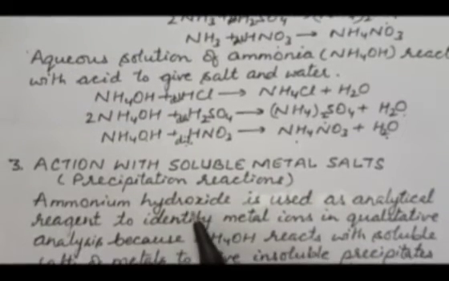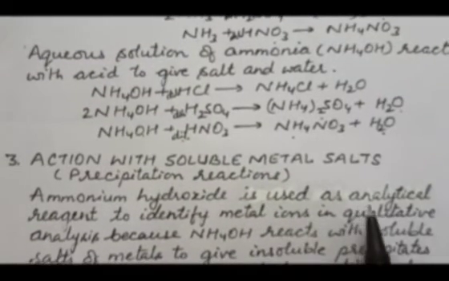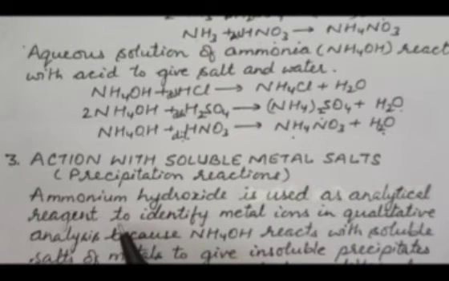Okay, now the next chemical property is action with soluble metal salts, or precipitation reactions. Ammonium hydroxide is used as an analytical reagent. In chapter 3b, you have read about analytical chemistry, where we use ammonium hydroxide and sodium hydroxide to identify different salts because of the formation of colored precipitates. Why is ammonium hydroxide used as an analytical reagent to identify metal ions?